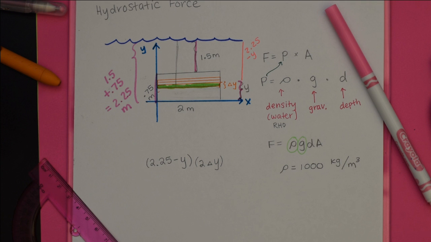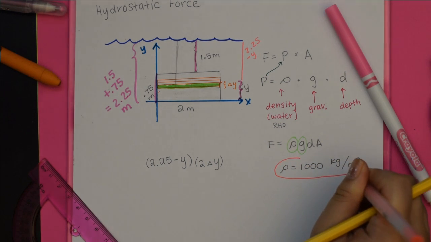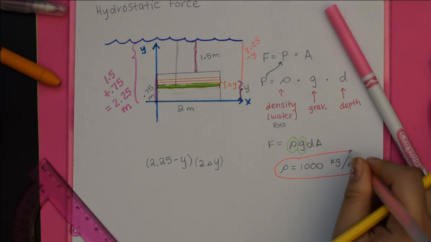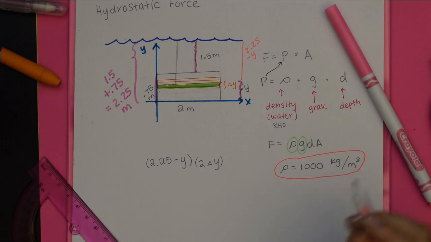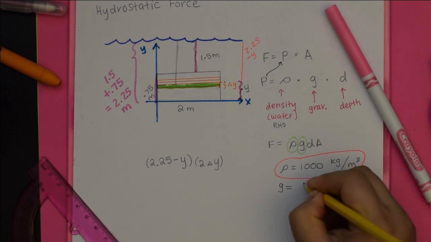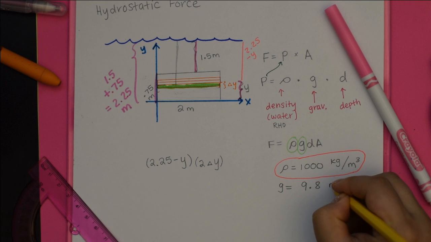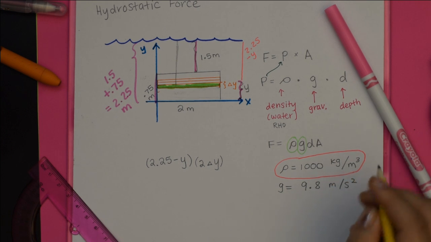I don't know off the top of my head the equivalent with feet, but when we do another problem, I'll try and make it a point to use the units for feet. But rho for water with meters is 1,000 kilograms per cubic meter, and g is our gravitational constant, and with meters it's 9.8 meters per second squared.